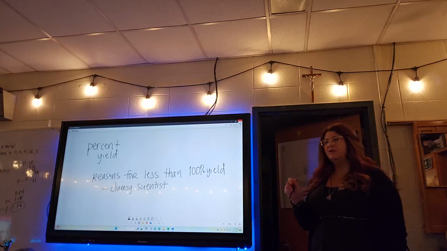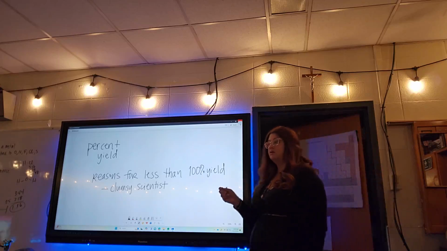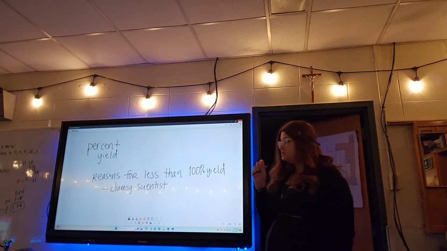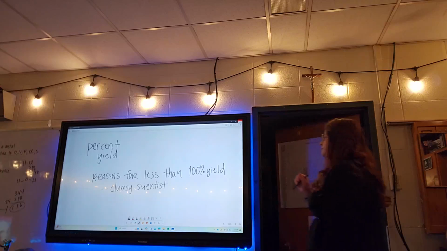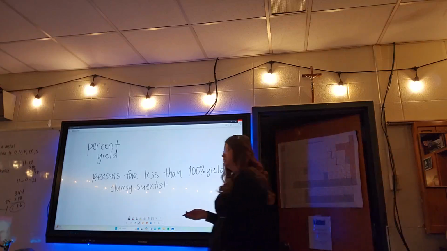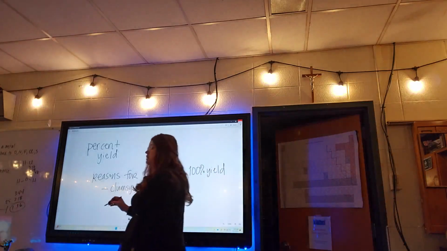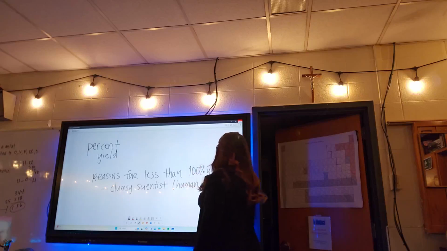But just think about how many molecules are involved in one drop of liquid or in one little tiny speck, sprinkle-sized amount of a solid. And so that can make a big difference. So sometimes it's a clumsy scientist. Usually we call this, in scientific terms, human error.